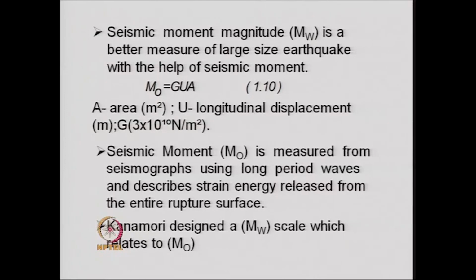Next is the seismic moment magnitude MW. It is considered to be a better measure for large size earthquake. With the help of seismic moment, which is defined in this equation, M0, the seismic moment, is equal to G U A, where U is the longitudinal displacement at the fault line, A is the area of rupture and G is the shear modulus of rigidity.